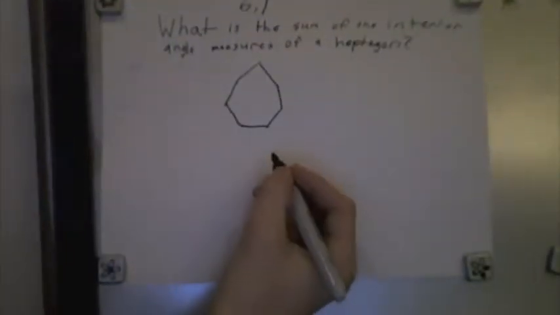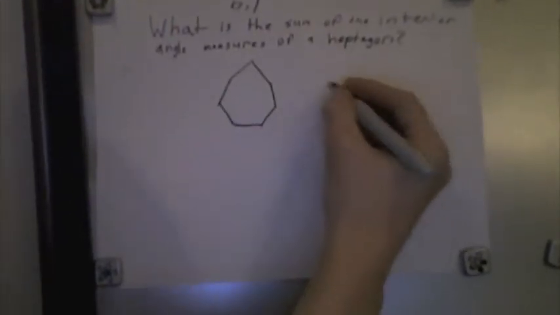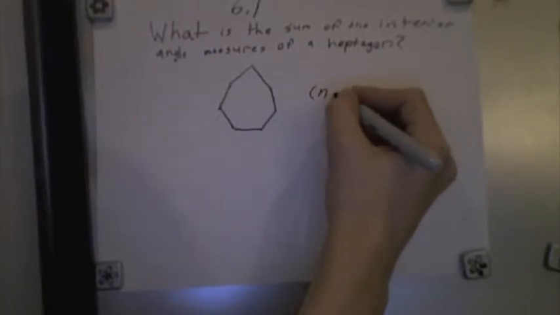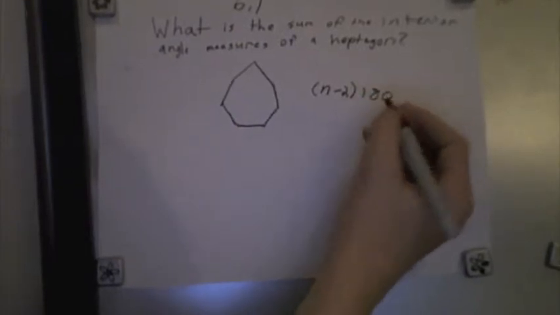What is the sum of the interior angle measures of a heptagon? To find that, we use the formula: the number of sides minus 2, times 180.